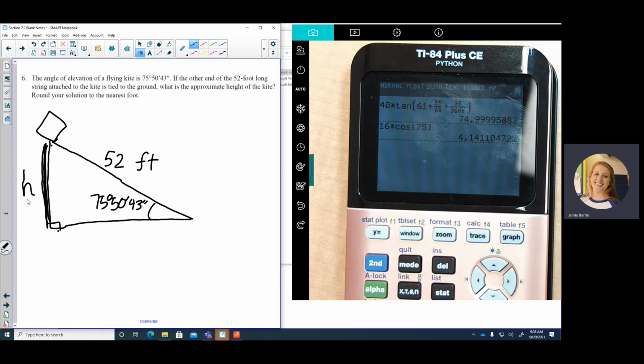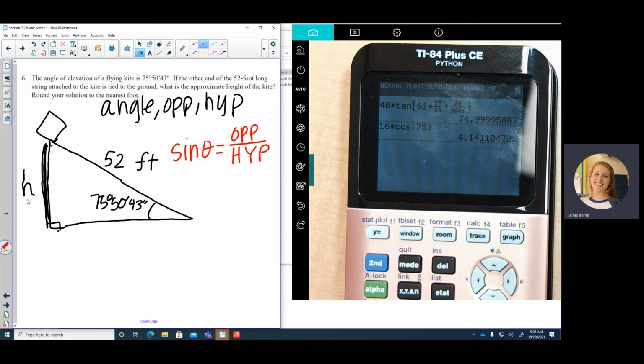All right, so this time we have the angle, the opposite, and the hypotenuse. Which trig function is that? SOH CAH TOA, so that would be sine. Sine of theta equals opposite over hypotenuse. That's the formula.